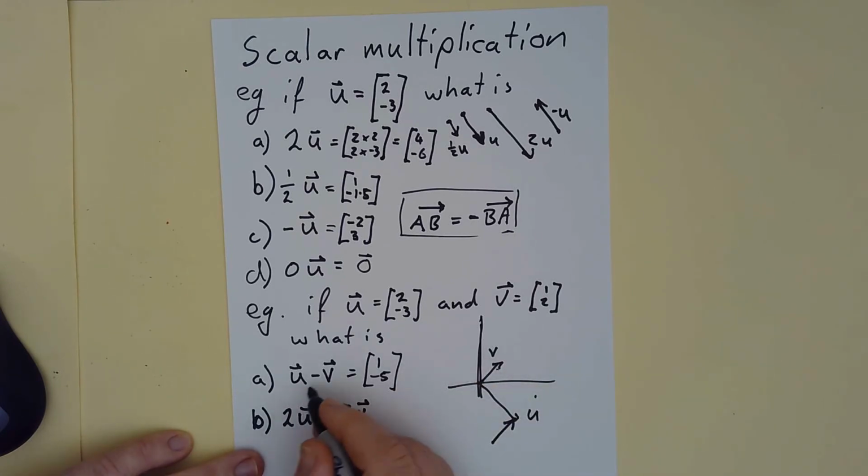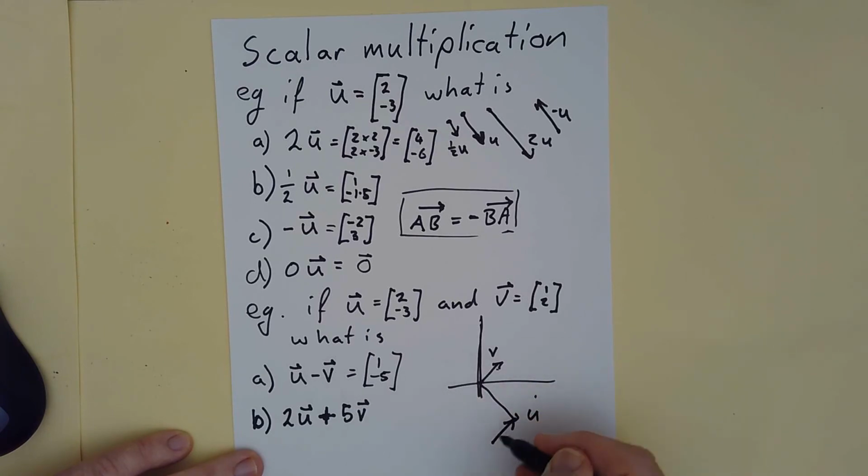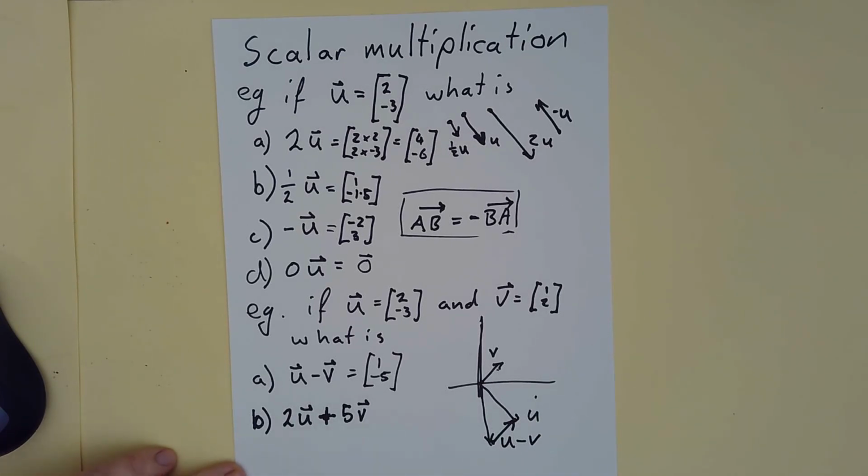So minus v would be literally the vector going the other direction. We can then add it, so we can think about going the other way. So this here would be my u minus v.